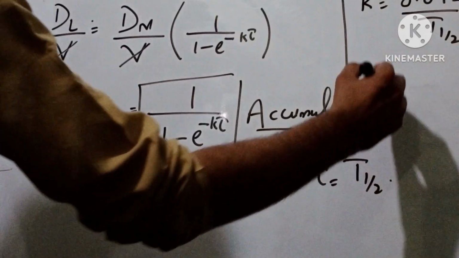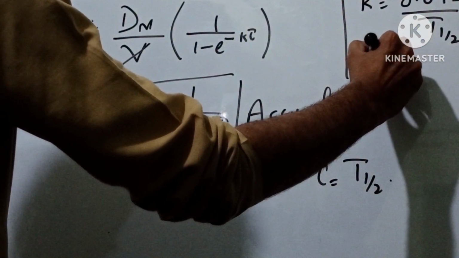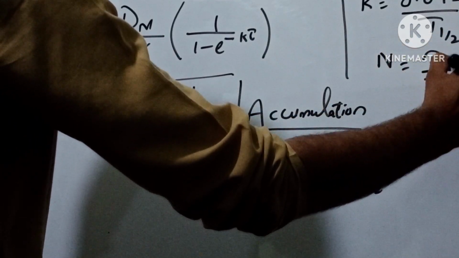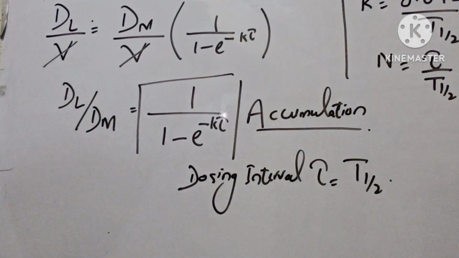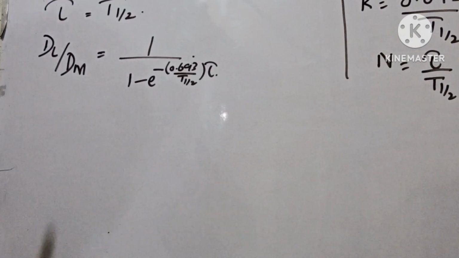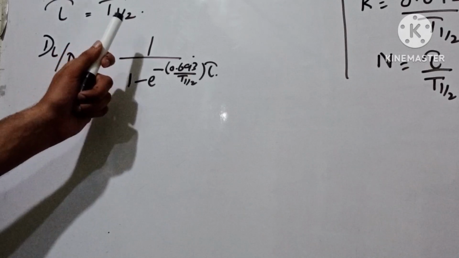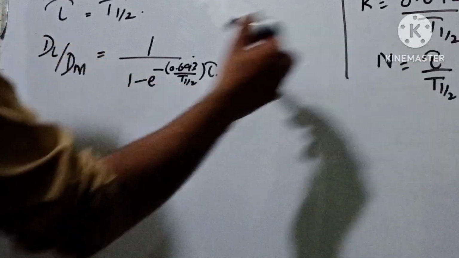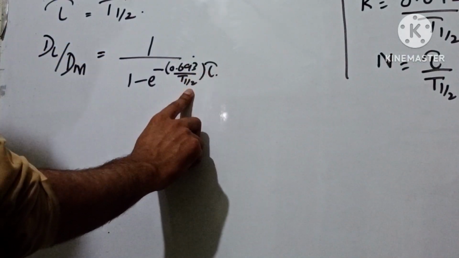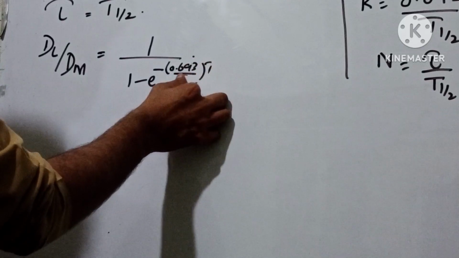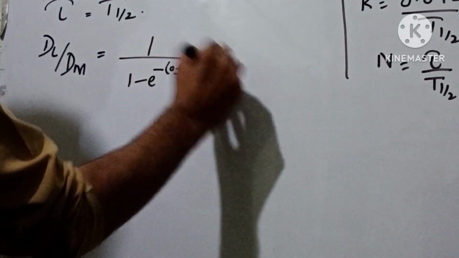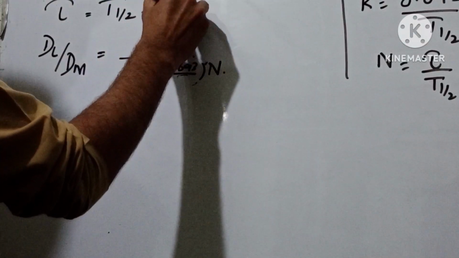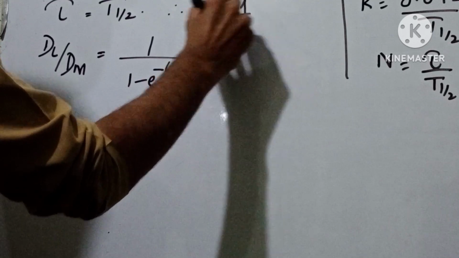And one more thing: n is equal to tau over t half. So we have a scenario in which the dosing interval is equal to the half-life of the drug, and we put the value of K, 0.693 over t half, here. Tau over t half is equal to n, so n will be equal to 1.